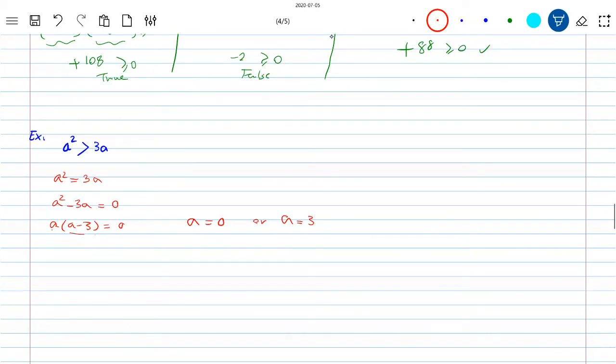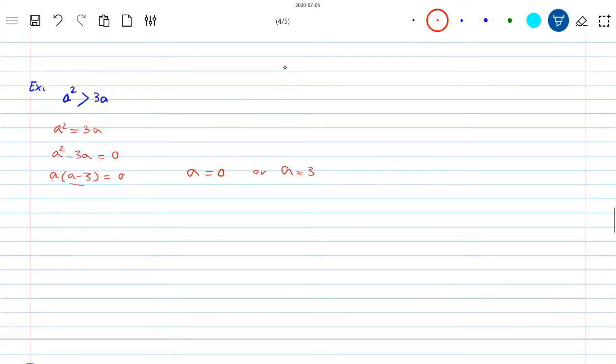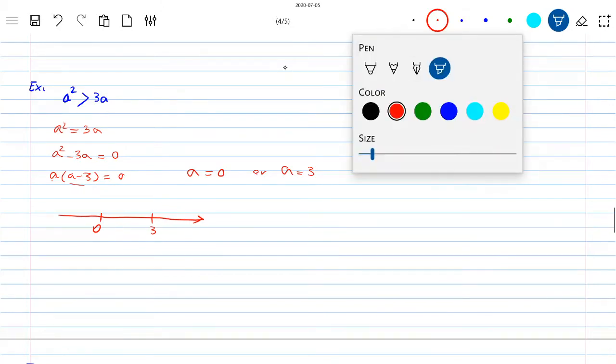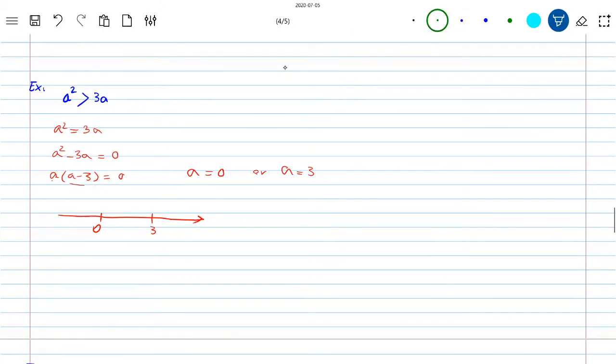Again, draw the number line. Let me draw it down here so we have enough space. There's the number line. Here's 0, put them in order, 3. Okay, what do I need? Next step, I need to pick test points.